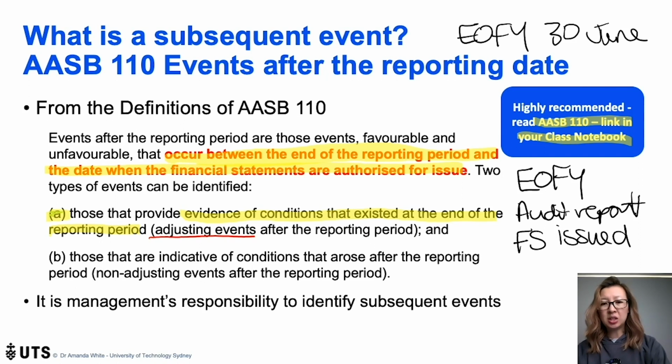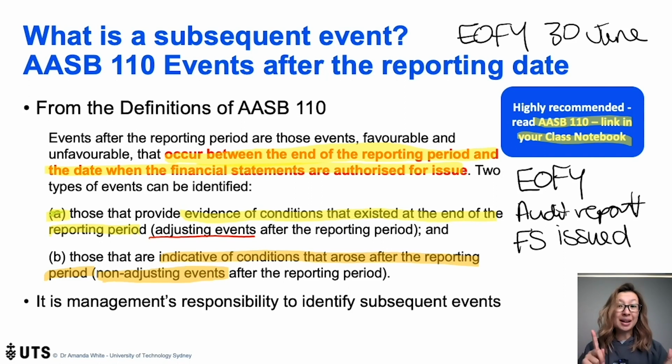The second type, which I'm going to highlight in orange here, are those events that are indicative of conditions that arose after the reporting period. So the transaction or event that gives rise to this new information doesn't happen until after the end of the financial year. Now this is where it gets a bit tricky, because AASB 110 says these are called non-adjusting events.